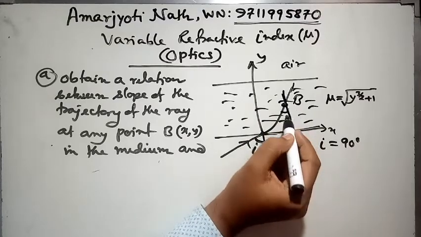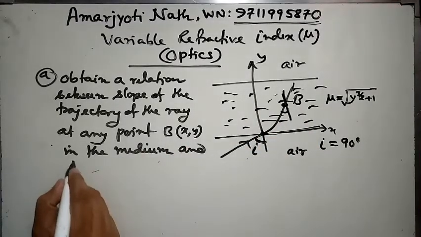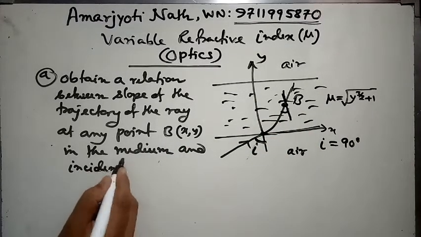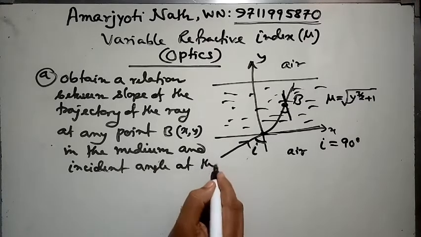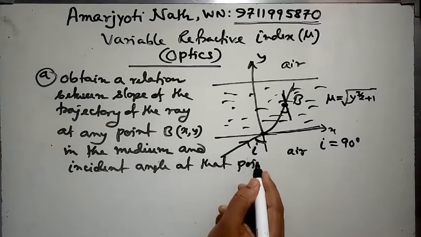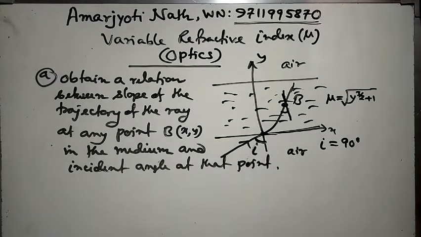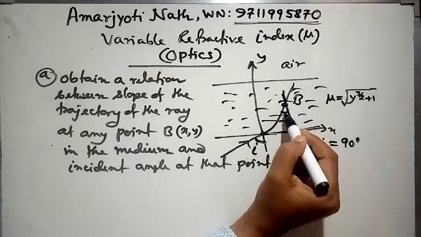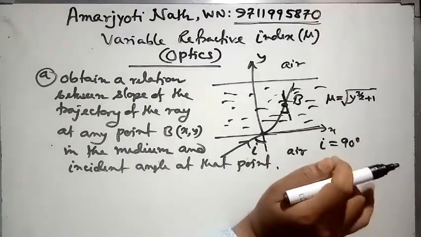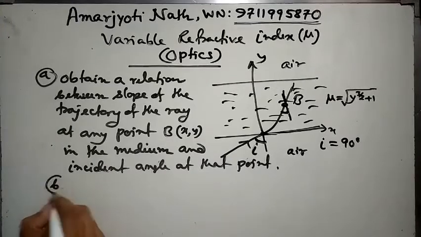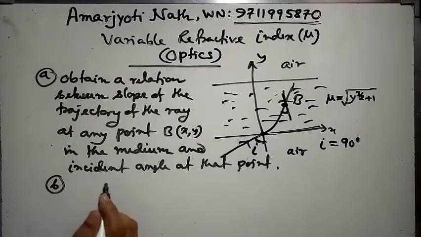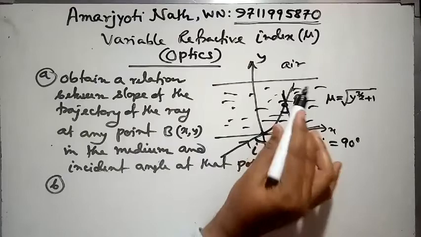So this is the incident angle at that point. So I need to find out the slope here and the incident angle here, so that way we have to make a relation between them. And second part, obtain the equation of trajectory. What will be the equation of trajectory? We need to find out.